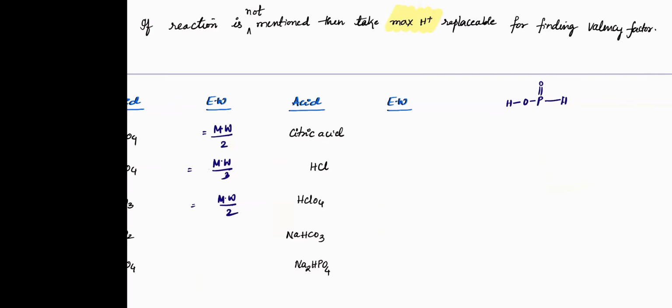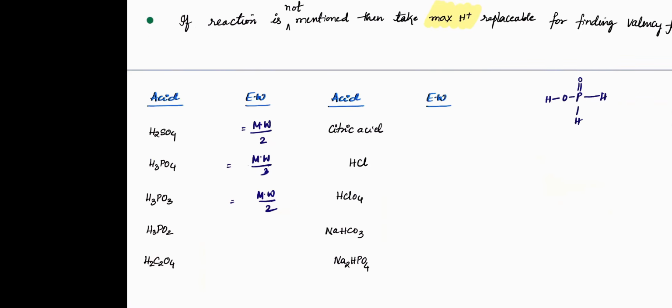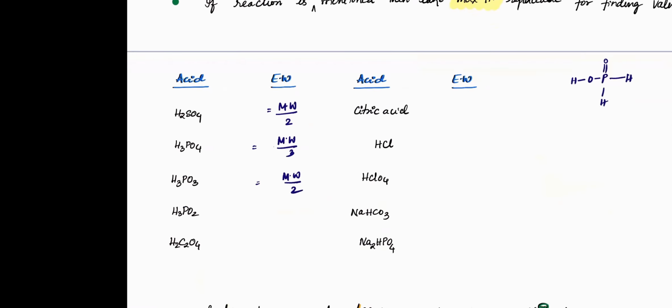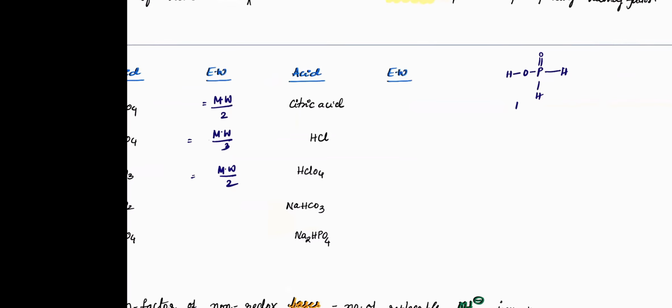I have this as H here. And when I'm talking about H3PO2, this one is H3PO2. And if I'm talking about H3PO3, then I will have this as H here and OH here. Now, the replaceable hydrogen is this one in this case. And here there are 2 replaceable hydrogens. So this one is H3PO4.